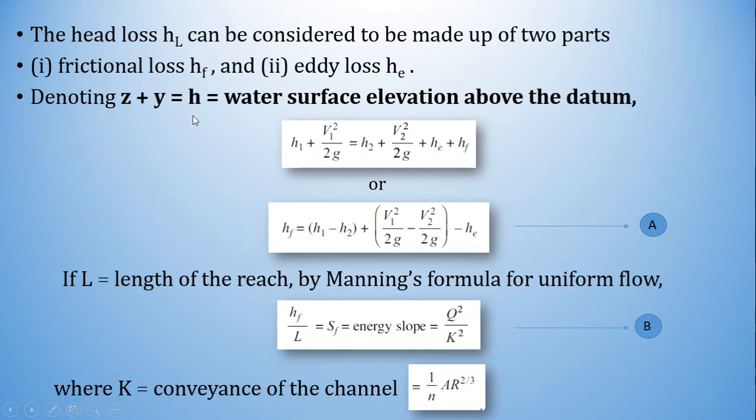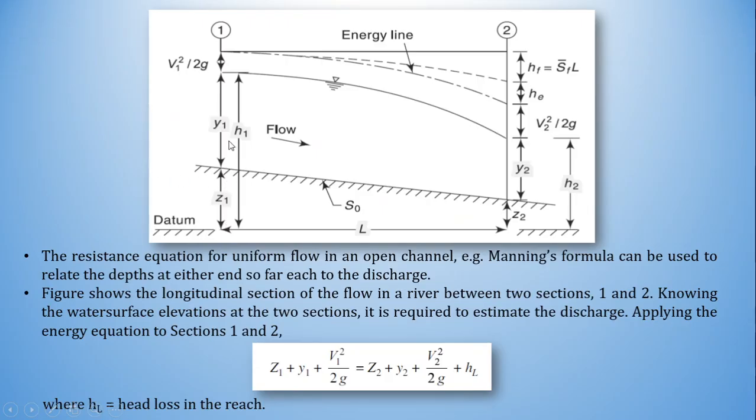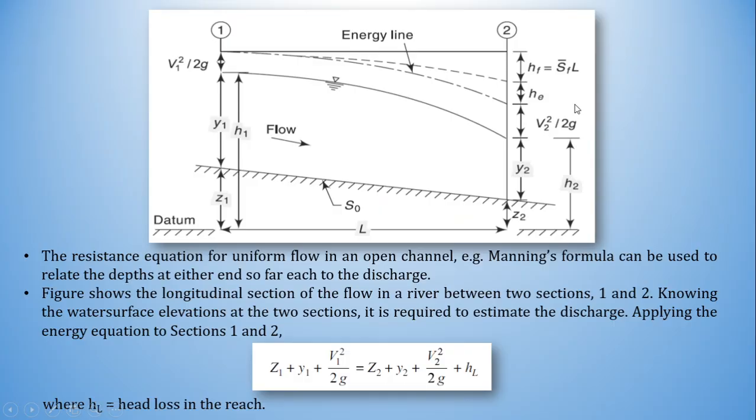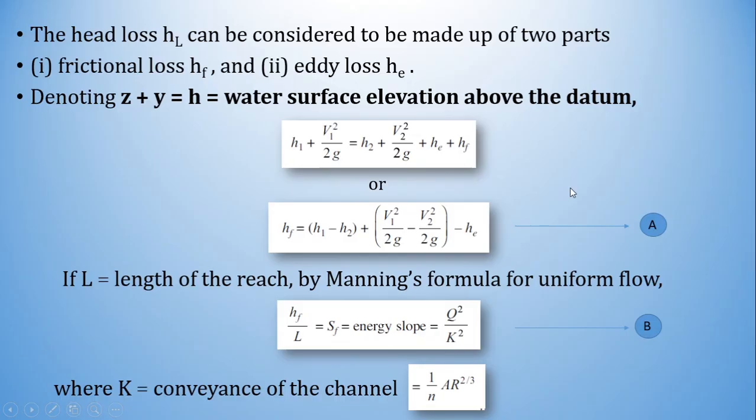Denoting Z plus Y as H, Z1 plus Y1 as H1 and Z2 plus Y2 as H2, the water surface elevation above datum, we can rewrite the equation: H1 plus V1 square by 2g is equal to H2 plus V2 square by 2g plus HE plus HF.